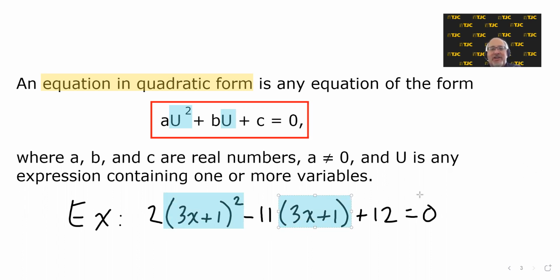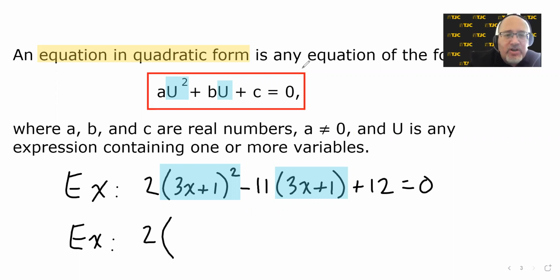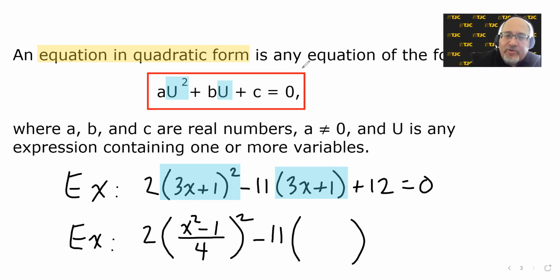And the expression can actually be more complicated, more convoluted than that. For example, you can have a quadratic in form equation that looks something like this: 2 times the quantity (x squared minus 1) over 4, all squared, minus 11 times the quantity (x squared minus 1) over 4, plus 12 is equal to 0.